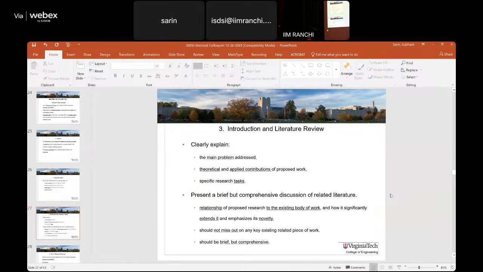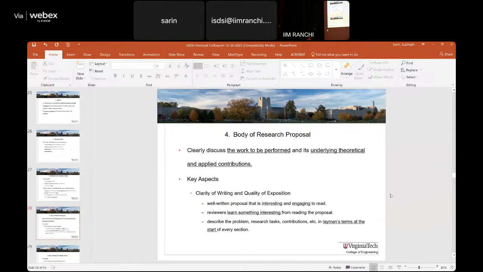And just make sure that you never miss out on any existing piece of research, because somebody invariably, if they find out that something happened before, your proposal is killed right then and there. So knowing the literature is very important, and then relating to it and how you will advance your work from what has happened in the past. And then it should be brief and comprehensive.